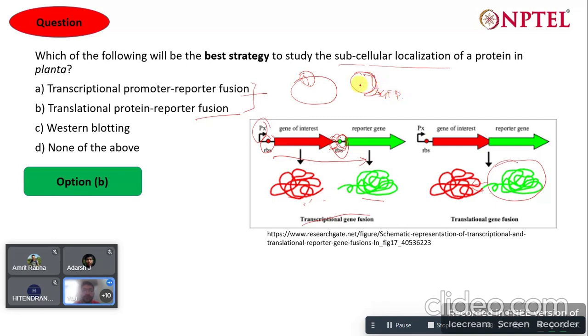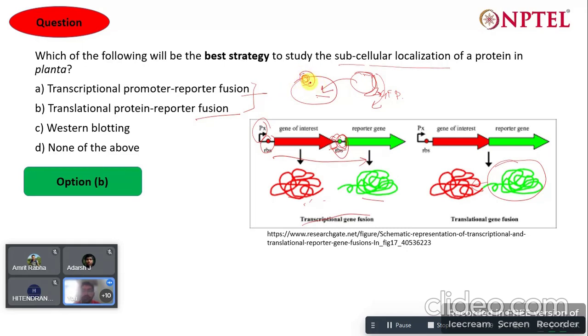So when this vector goes inside the bacteria, it will express inside the bacteria because it has both the promoter as well as the ribosome binding site. So this whole region will be translated in the bacteria, and after processing and localization, it will be embedded in the membrane.